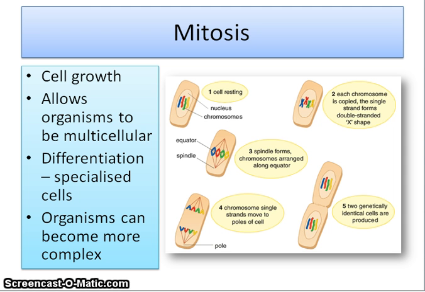So where you started off right at the beginning as one sperm and one egg that came together to make one cell, that then had to make a copy of itself and split into two, copy of itself, split into two. And that's what mitosis basically is all about. It's about making a copy and splitting into two, and then it growing bigger, and then making a copy, splitting into two and growing bigger.